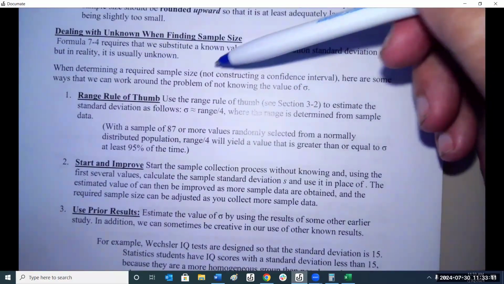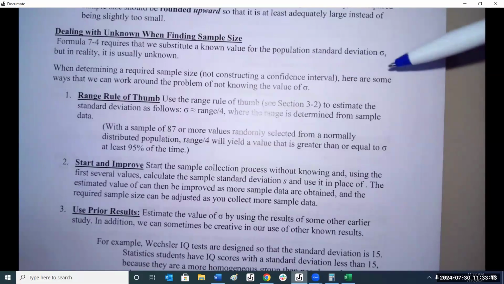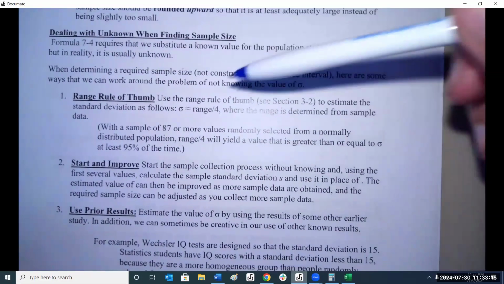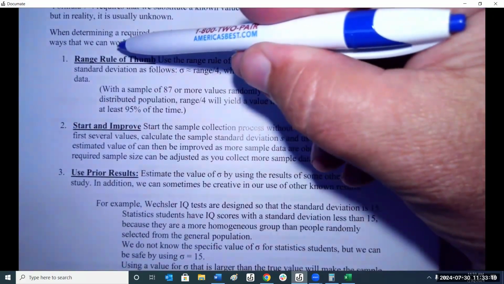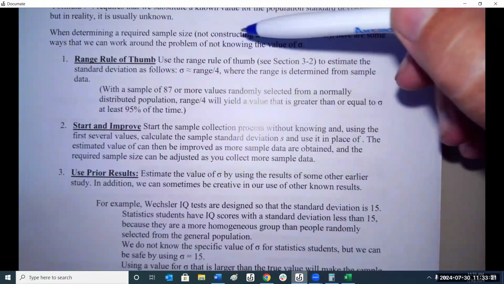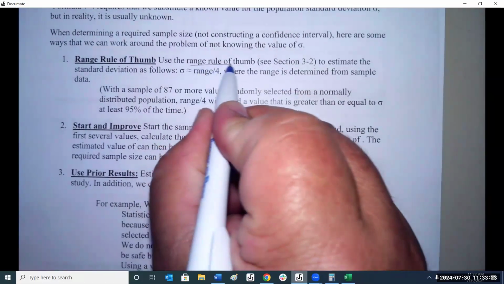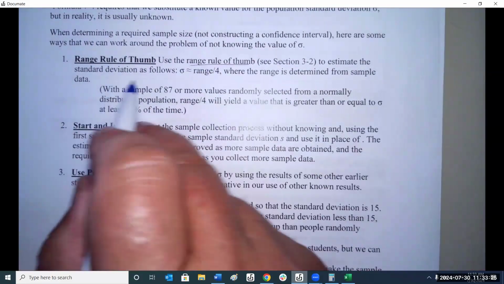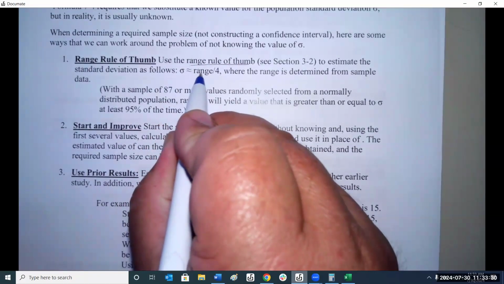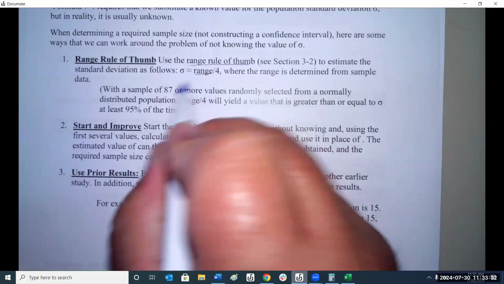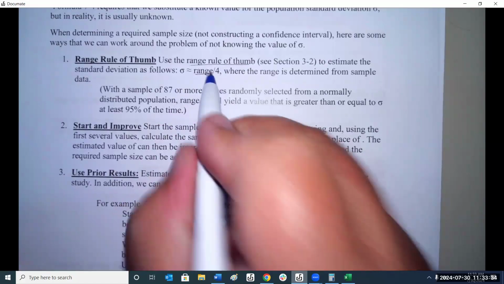When you determine the required sample size, not constructing a confidence interval, here are some ways to work around not having the value of rho. Range rule of thumb: use the range rule of thumb to estimate the standard deviation as follows. Rho is equal to the range of your data, the high minus the low, divided by 4.